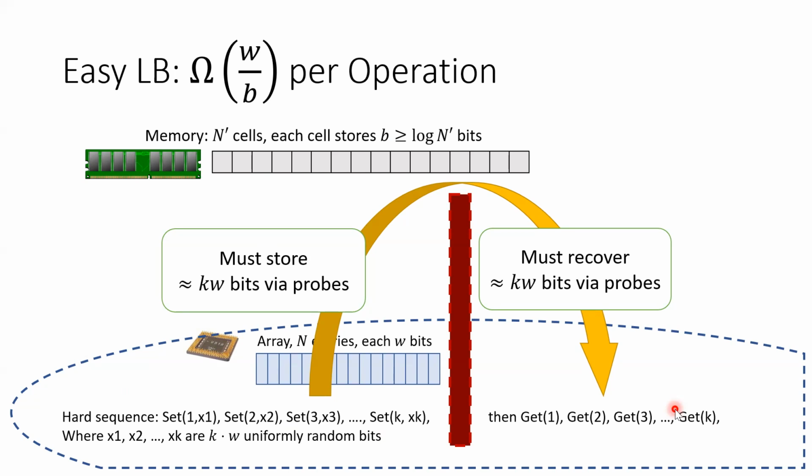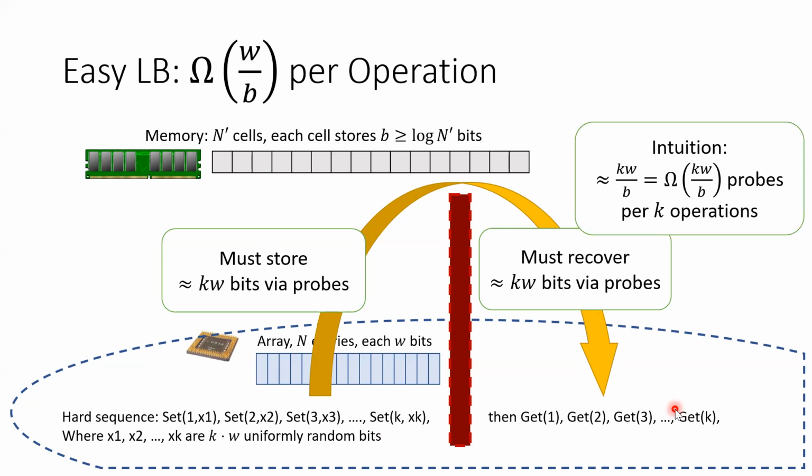Actually, this is a commonly known lower bound. This is the number of bits we need to transfer from the processor side to the memory side, and then we need some bits back.